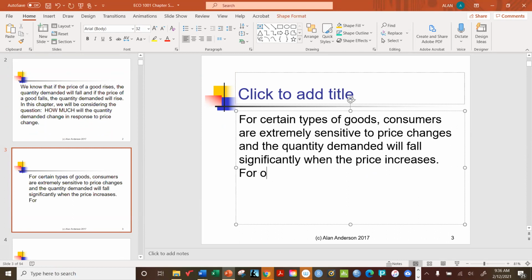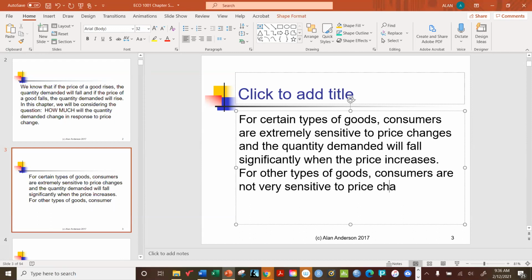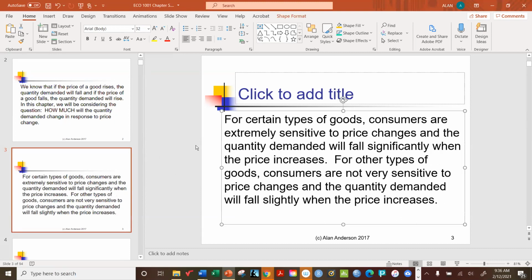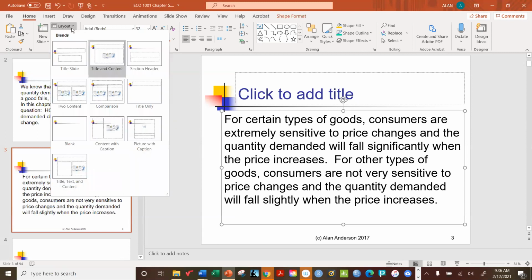For other types of goods, consumers are not very sensitive at all. And the quantity demanded will fall slightly when the price increases. Okay, so in other words, the responsiveness of consumers to price changes is not the same under all circumstances.